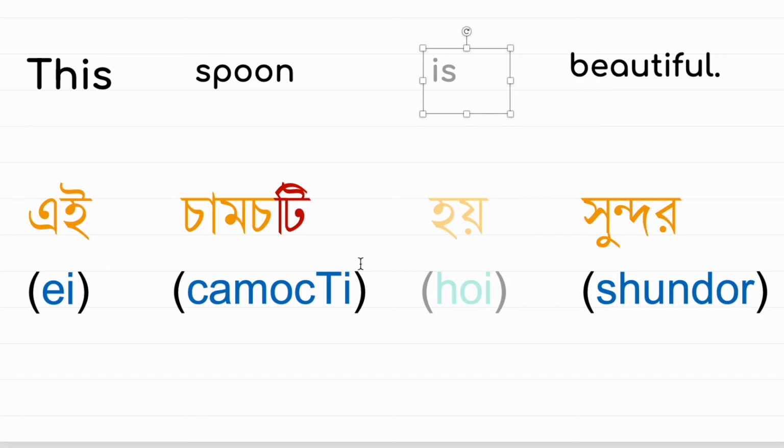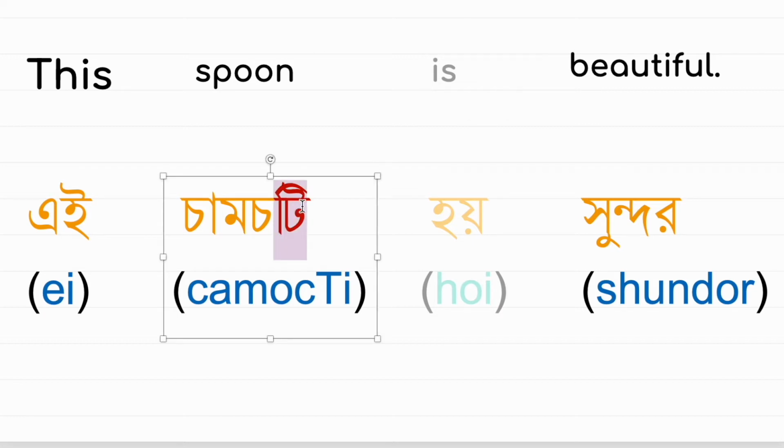Now you may ask, why am I not saying ei chamoch sundor? Ei for this, chamoch for spoon, because you know chamoch is the Bangla for spoon. So ei chamoch sundor. Why am I adding ti with chamoch? Okay, you can say ei chamoch sundor, but that will not sound natural, that will not sound like a Bengali. People will easily understand that you are a foreigner.